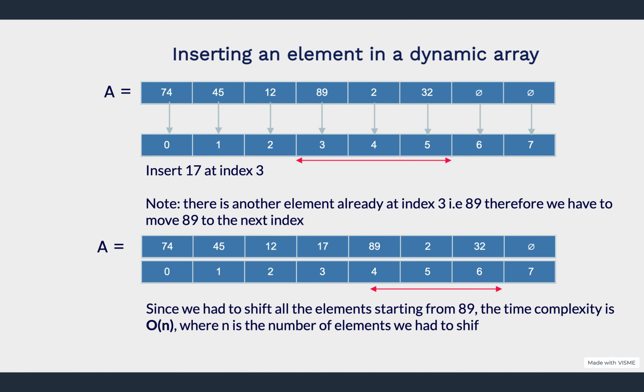Inserting an element in a dynamic array. Assuming you want to insert 17 at index 3. Note that there is another element at that index, which is 89. So what we're going to do is shift 89 backwards so that we can insert 17.